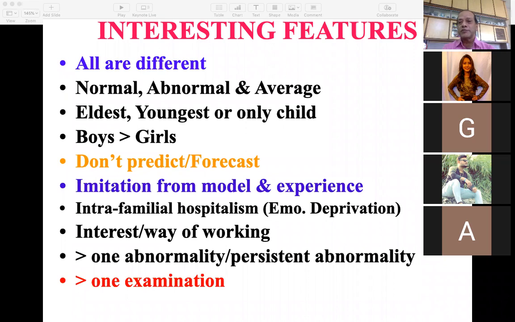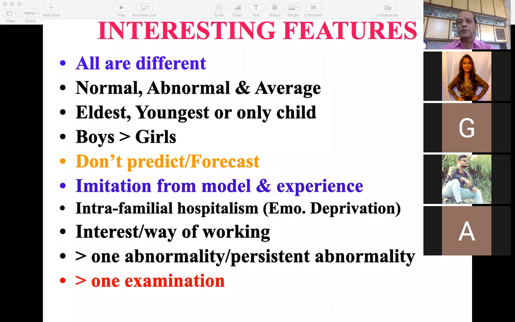Similarly, when a child comes to the doctor, to a pediatrician, we start asking, what is your name, which school do you go to. Please remember, you are new for the child, especially if he has come to you for the first time. There may be some anxiety in the mind of the child. Who is this person? Why have I been brought to this person? A 2-year-old child, or 1.5, may not know everything.